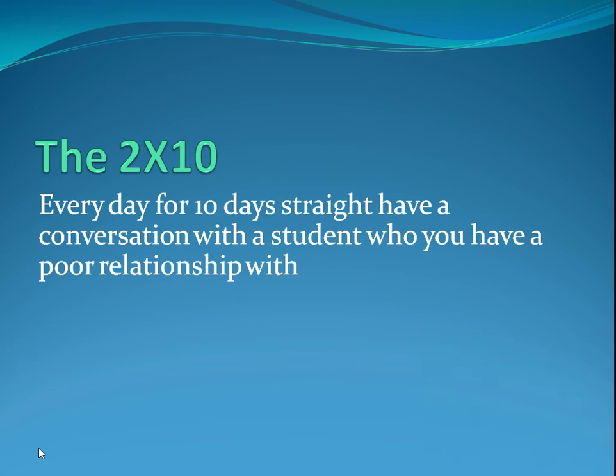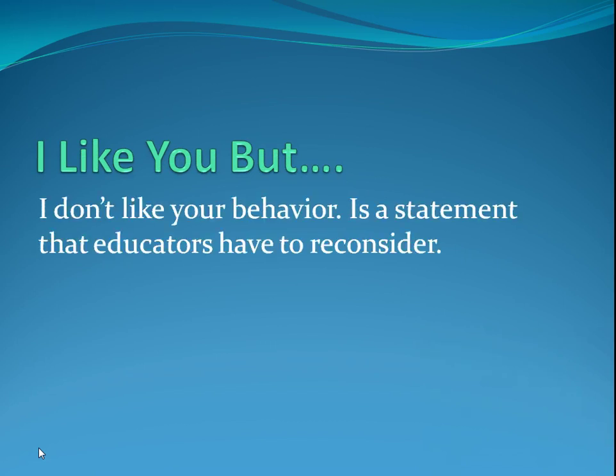Now, let's be clear about a couple of things here, and we're going to move right into strategy 2 just for a second. And strategy 2 says, I like you, but I don't like your behavior. That's a statement that we have to reconsider. Now, when we're utilizing the 2x10, we're not utilizing it with kids that we like and kids that we have a great relationship with.